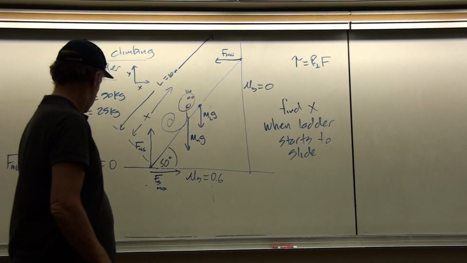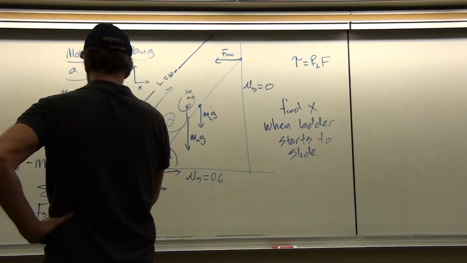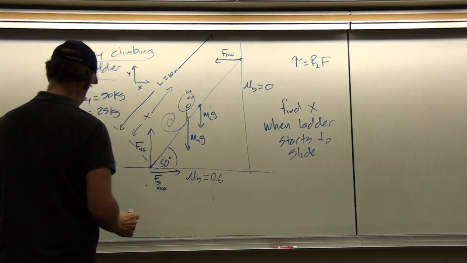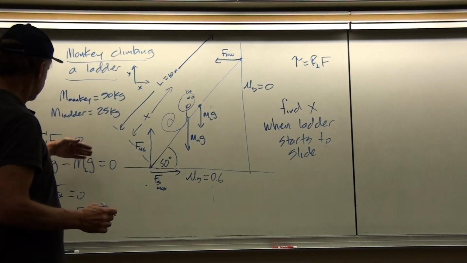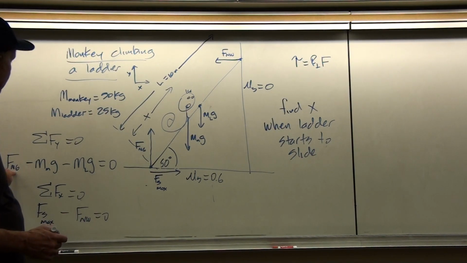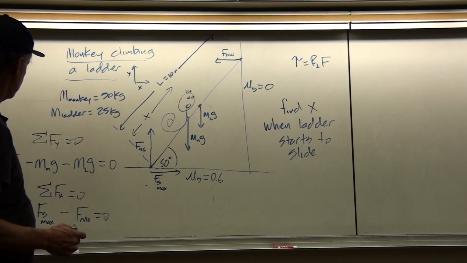Okay, so we don't have enough information yet to find x from either one of these equations. You can use this equation to get F normal ground. So F normal ground will be the sum of the masses times g.